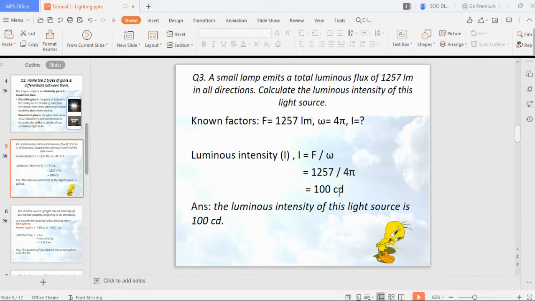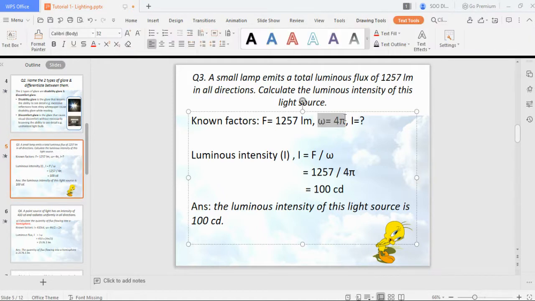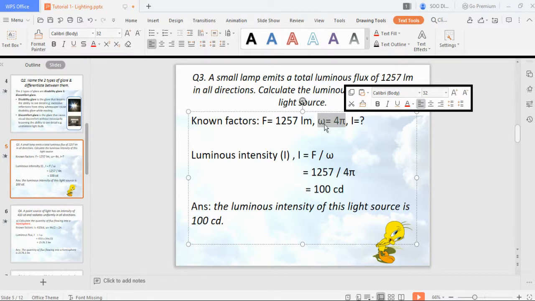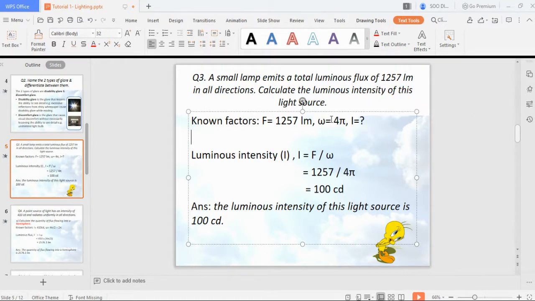You get 100 candela. So this 4 pi is already fixed. So if the question didn't say anything and just give it to you like this, always assume that W is 4 pi lah.